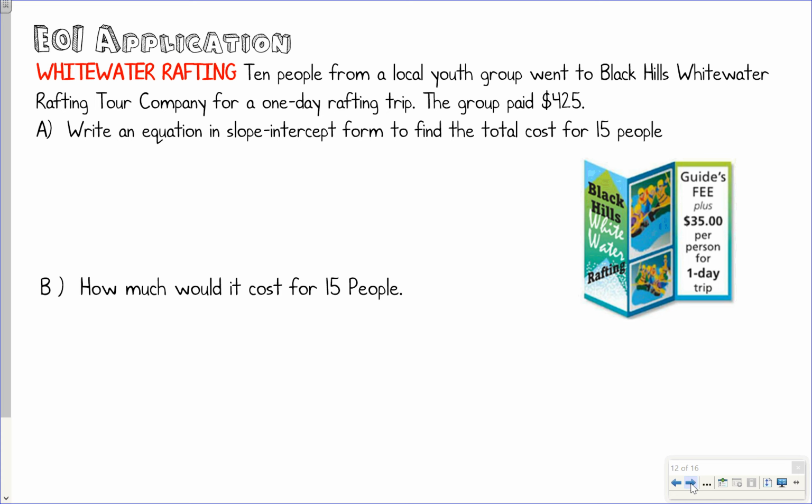Okay. So can I just go ahead and plug everything in? Or will I have to find out what my intercept is? What's my B? What's my intercept? Anybody tell me that? No? 15 people. No?